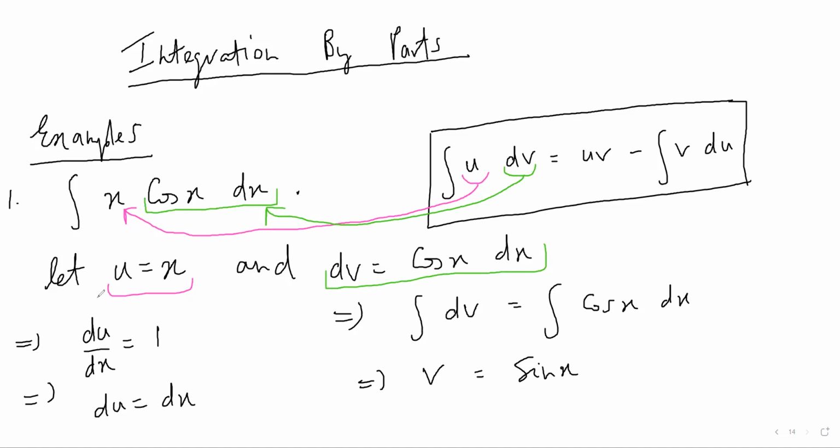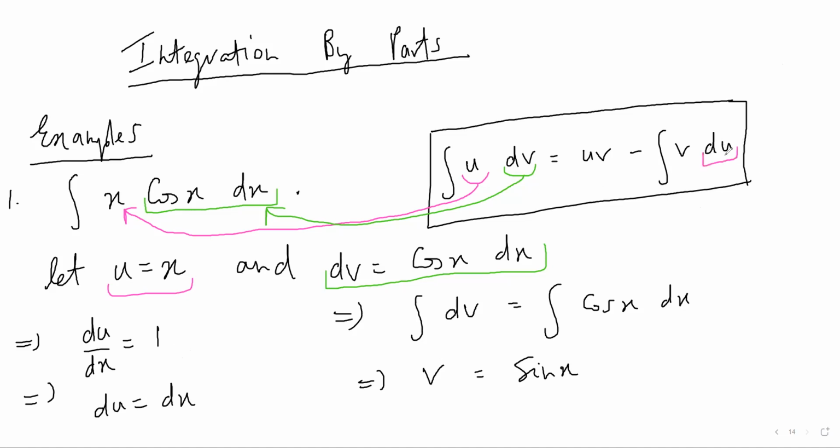After we assign, we now want to know some things. We want to know what du is, because we have u, which is equal to x, but we don't have du, and we need it. If you look at the formula, you see a du here.